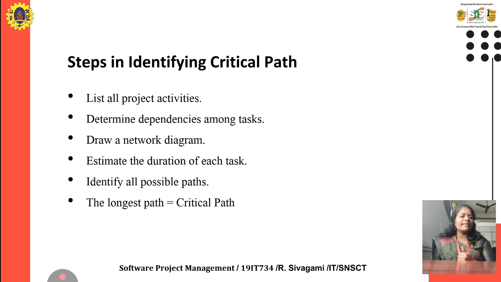Then draw a network diagram, and then estimate the duration of each task: how much time or how many resources are needed for each task. Duration means how much time is needed for this task, and we allocate this time for every task.